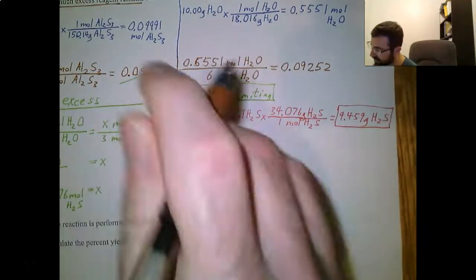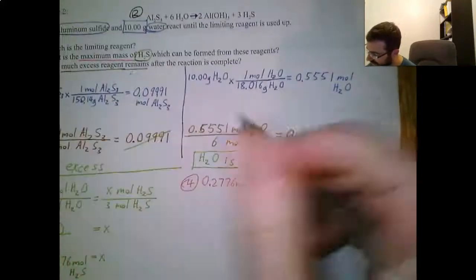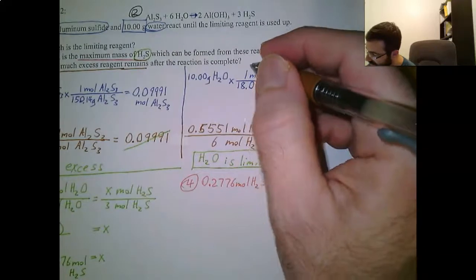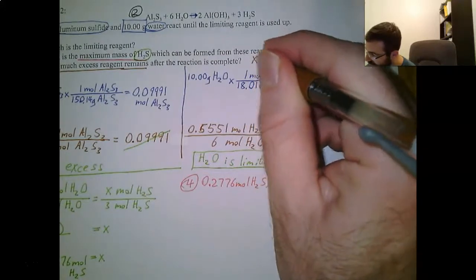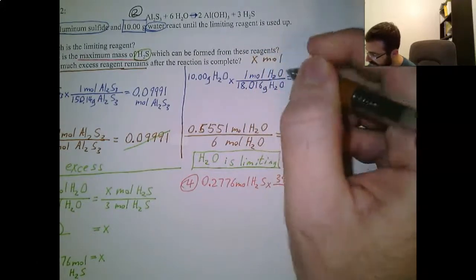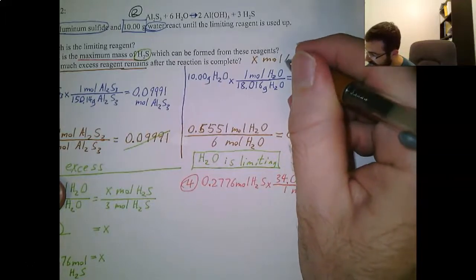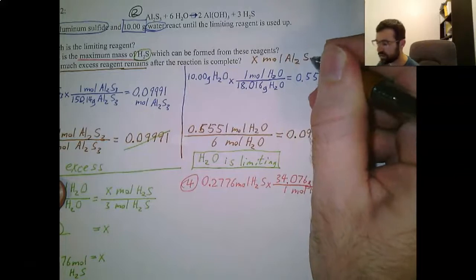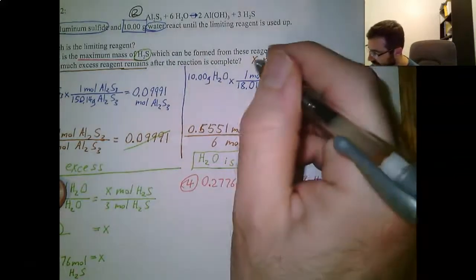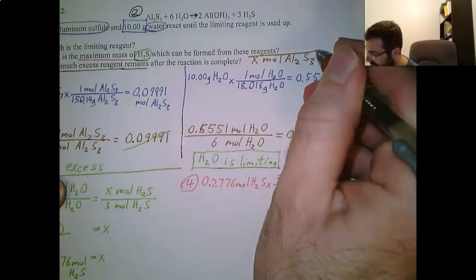So basically, my excess reagent, we said it's Al2S3, so I want to find out X moles of Al2S3, because that's my excess reagent, right? This is what I'm looking for.